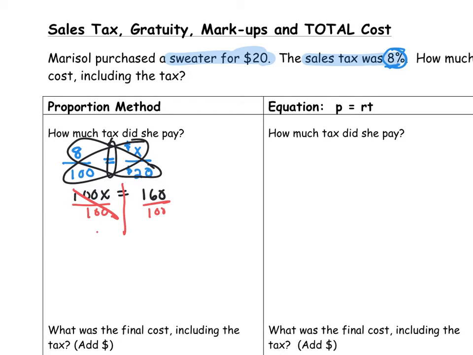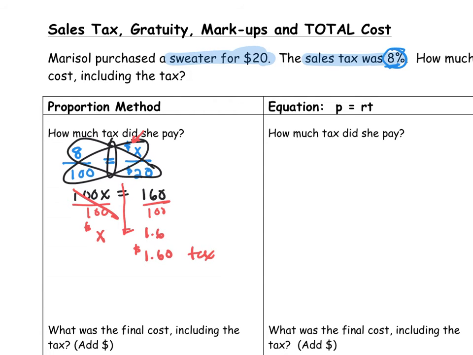So this eliminates, leaving x, and remember x is the tax money I'm going to pay for tax, and 160 divided by 100 would be 1.6. So now remember, we're paying money, so this would be $1.60. This would be the tax.